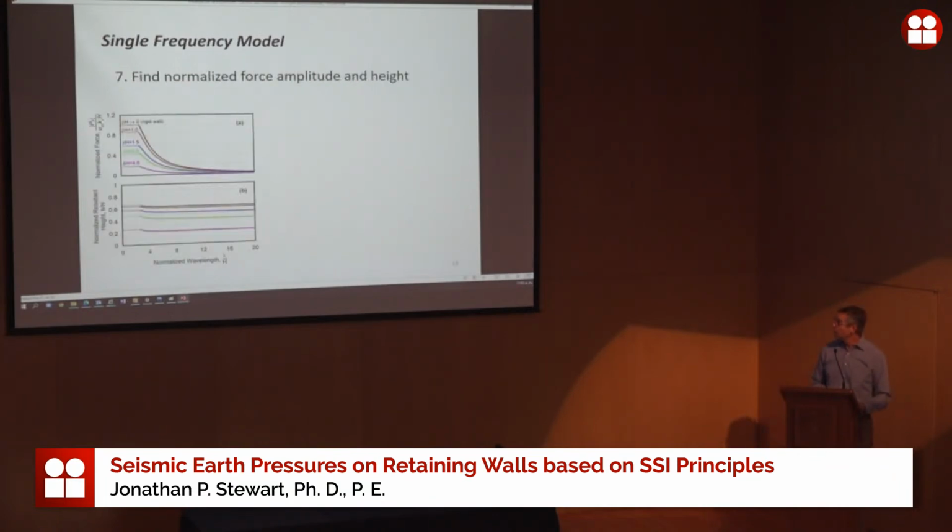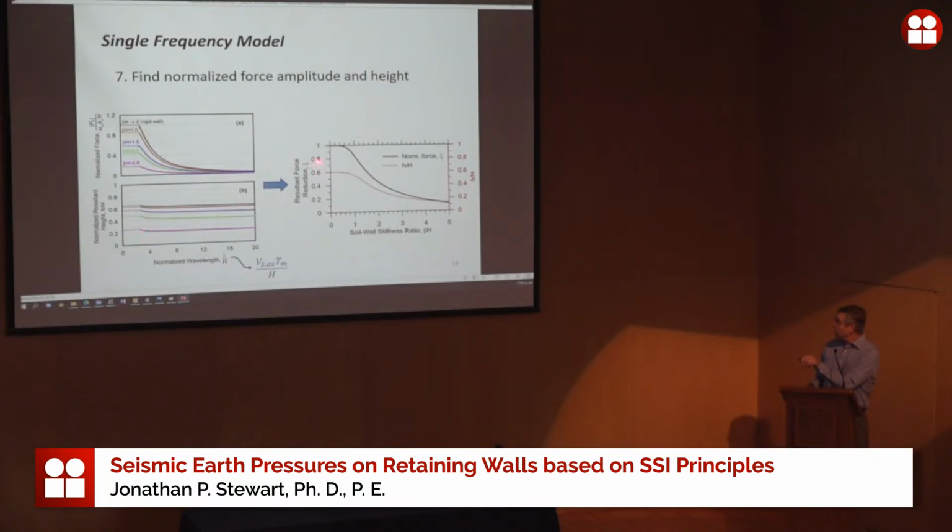Okay, so now you have everything you need to use these solutions that I've been describing for you. The horizontal axis, in terms of the variables that we've just defined, is Vs times T divided by H. And we don't really need to use these plots directly.